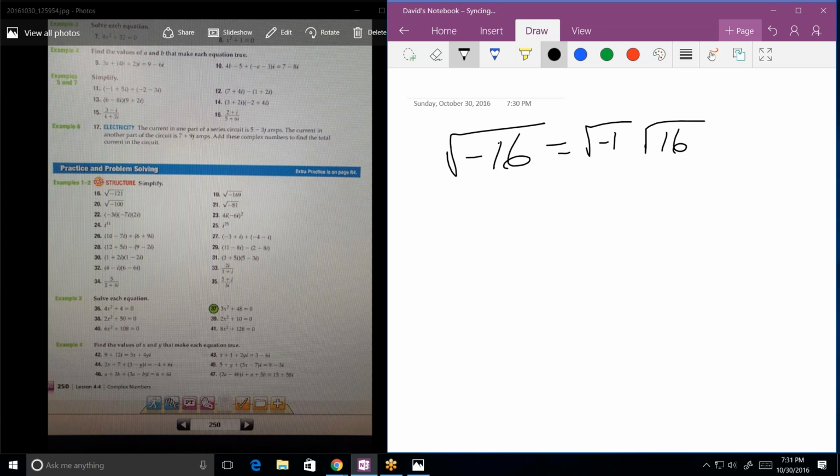That's always the first step when you're taking the square root of a negative number. The square root of negative 1 I can replace with i, and the square root of 16 I can replace with 4, so it becomes 4i. That's all you have to do on any of these. So the square root of negative 169, well, the square root of 169 is 13.